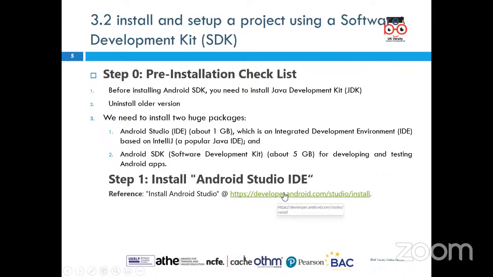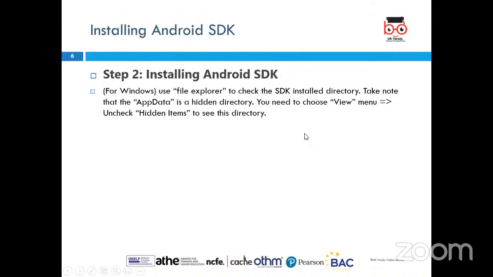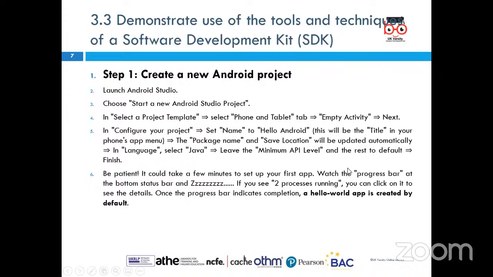And here I'll share the link for everyone to download Android Studio. Once you've downloaded that, you have it in your file explorer. You just need to open it and follow the instructions in order to set it up on your machine.